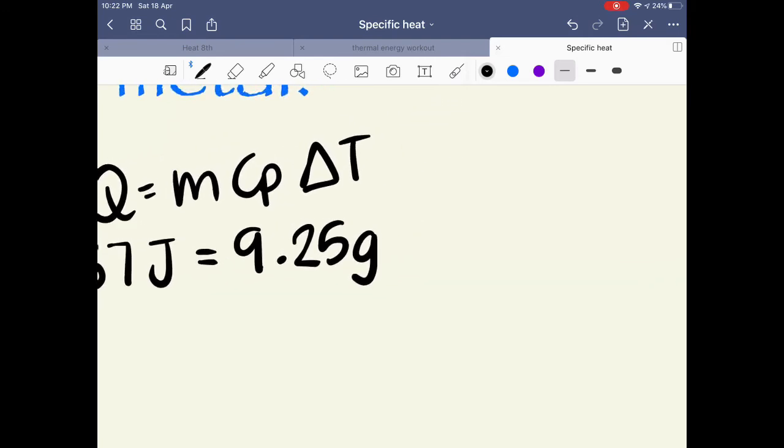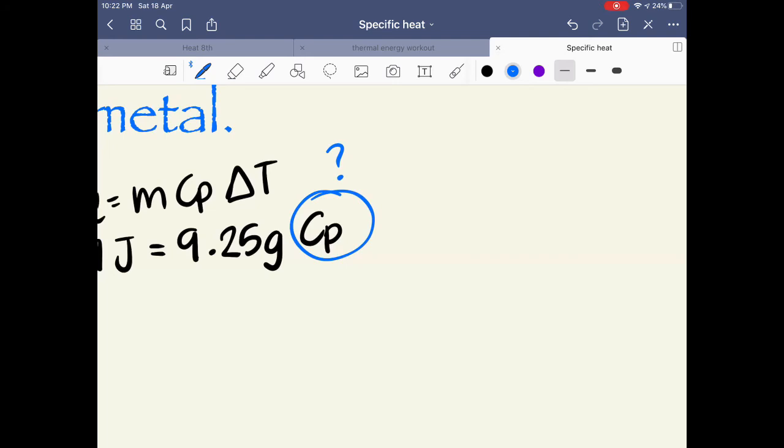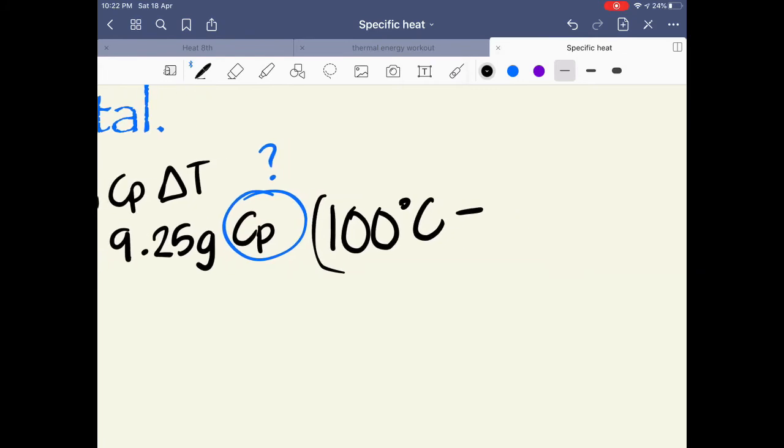And then you have a specific heat, which you don't know. And the delta of temperatures, but now this delta of temperatures is the one of the boiling water. The one of the boiling water is 100 degrees Celsius minus 33.8 degrees Celsius.